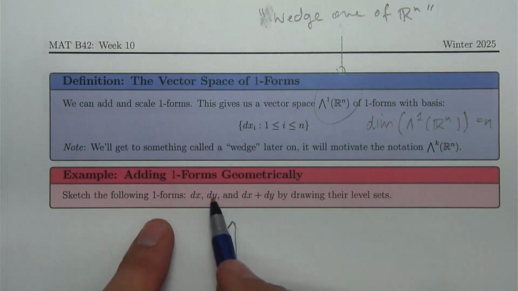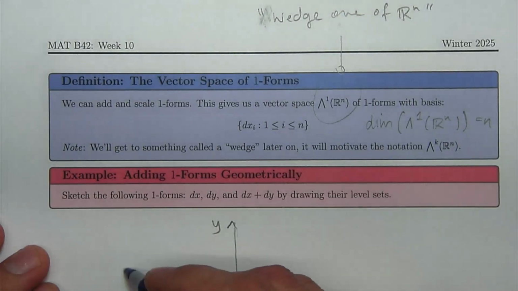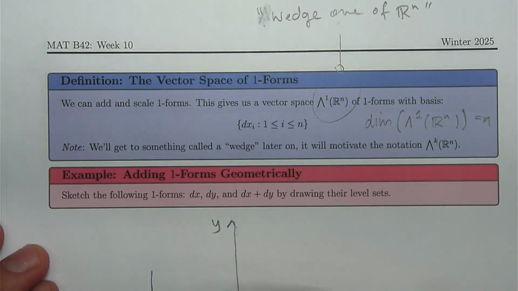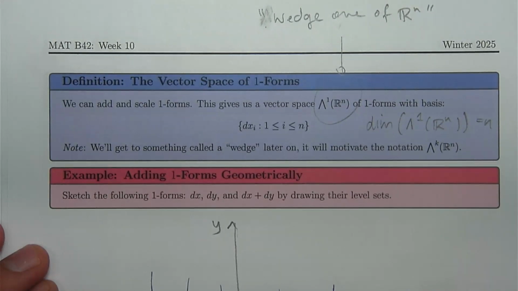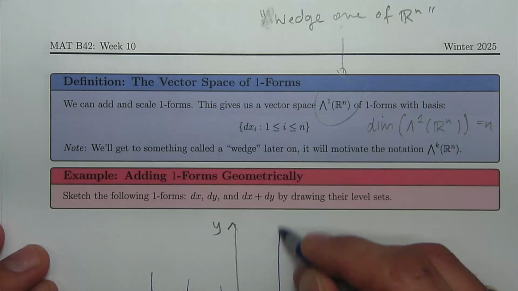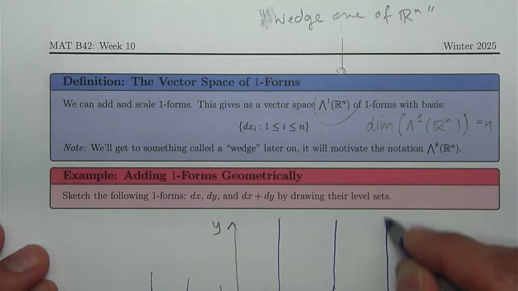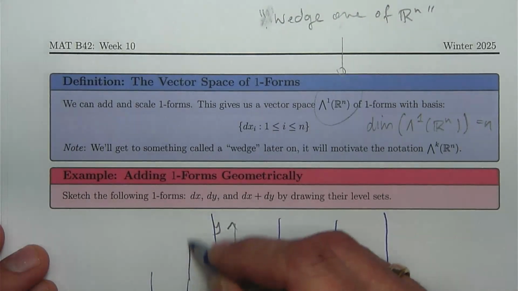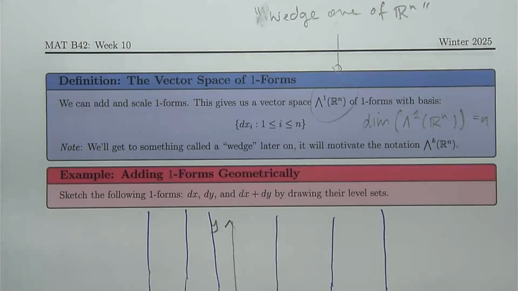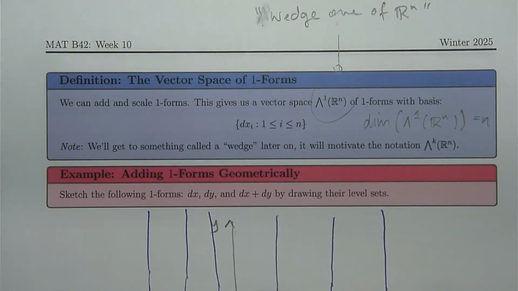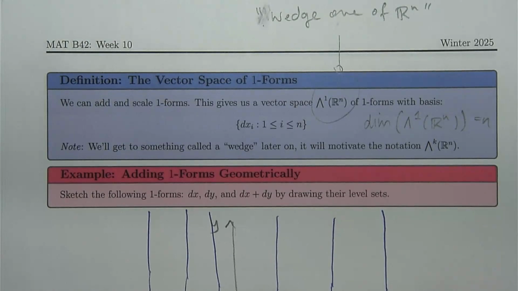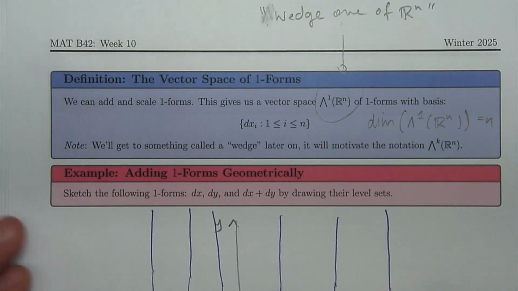Okay, so we'll draw our two basis elements. Okay, so these are our dx level sets. And then we'll draw the dy level sets as well.